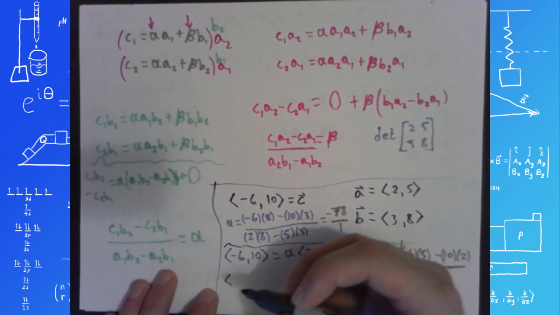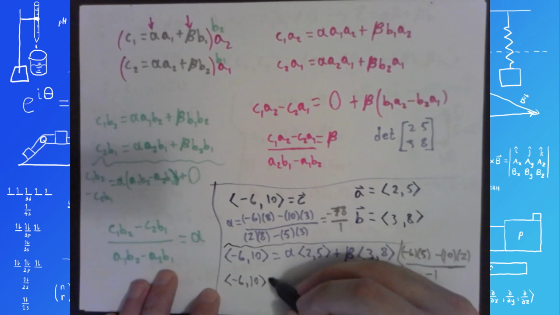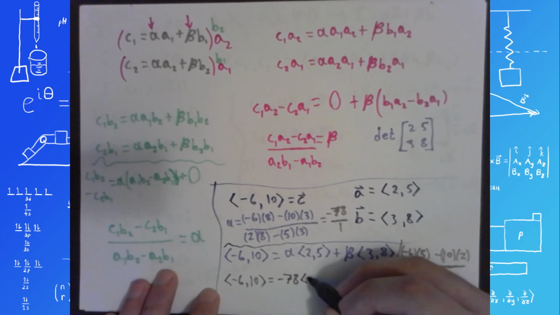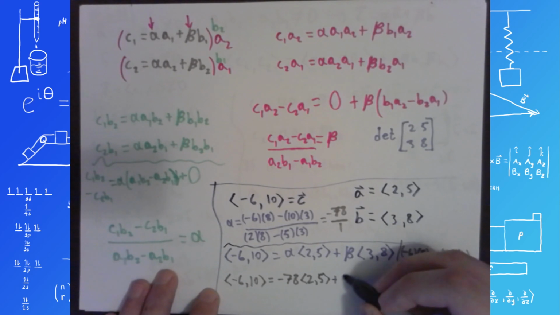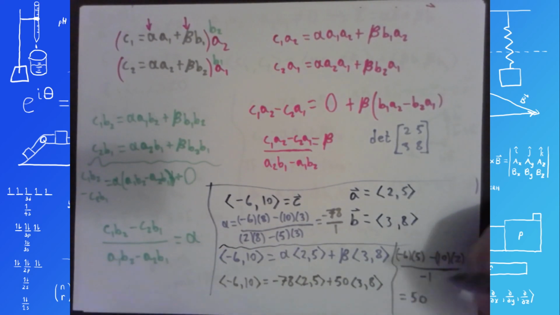So let's test it out. Negative 6 comma 10 is equal to negative 78 copies of 2 comma 5 plus 50 copies of 3 comma 8. Let's test that out and see if it works.